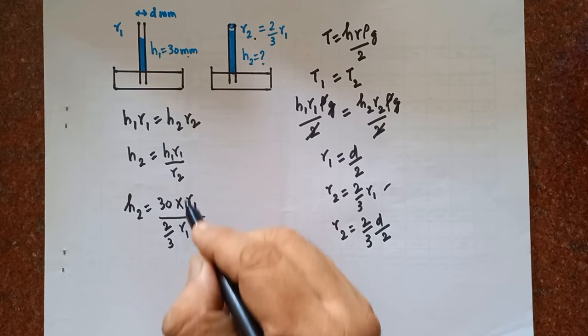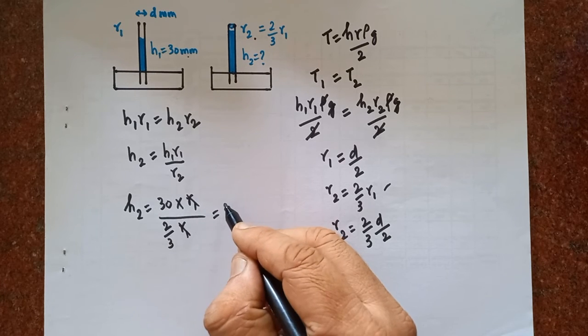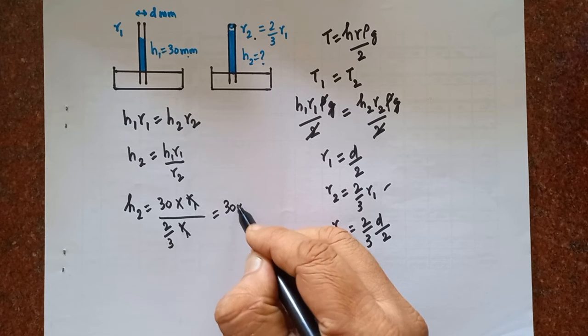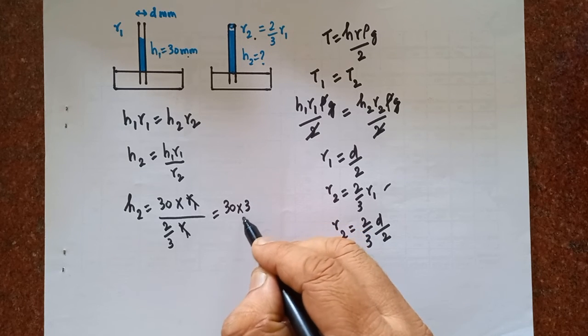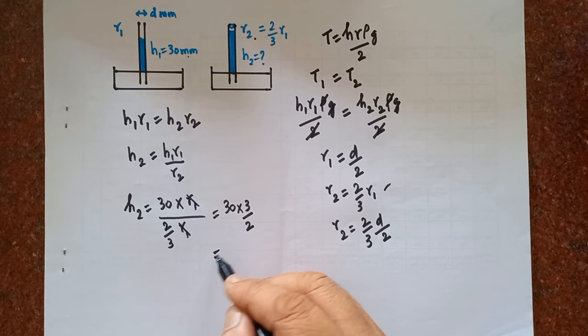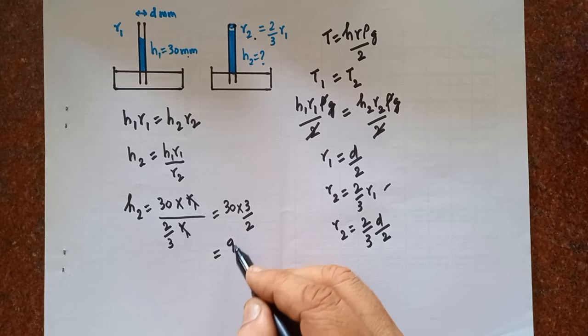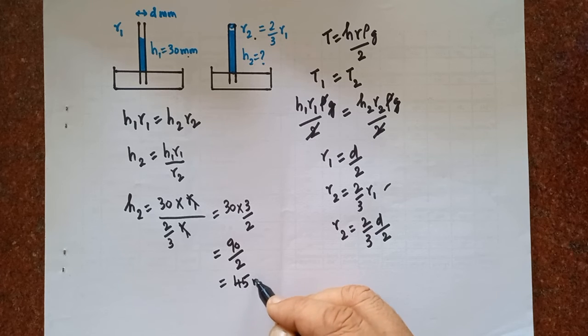R1 can be cancelled and what will happen? 30 into 3/2. Are you clear? So 30 into 3 is 90, divided by 2, which is equal to 45 millimeter.